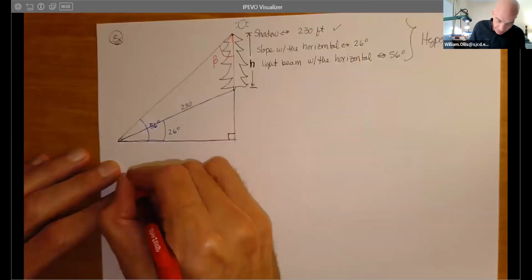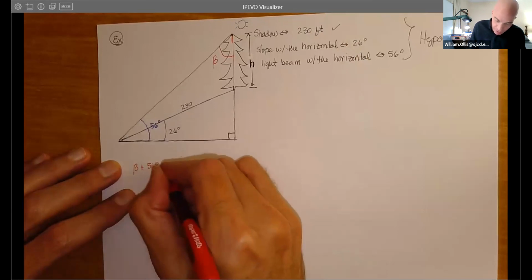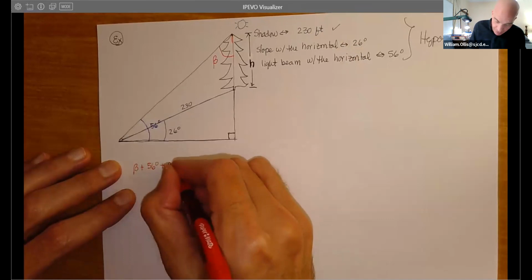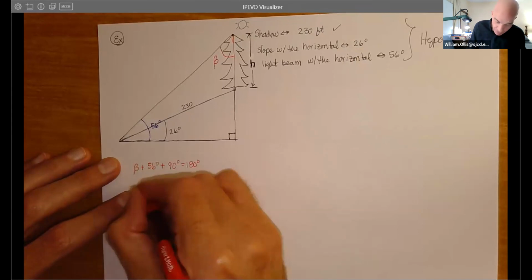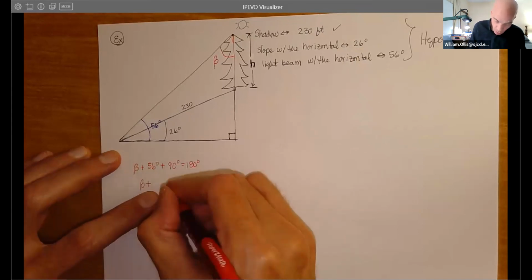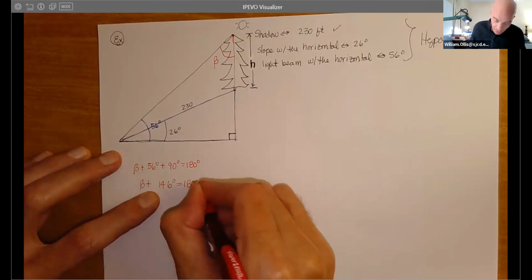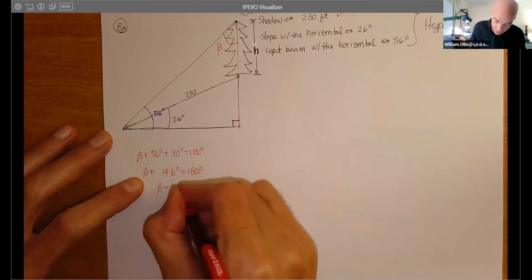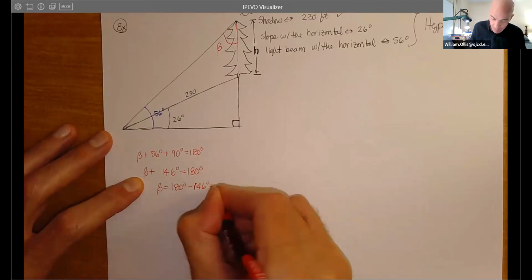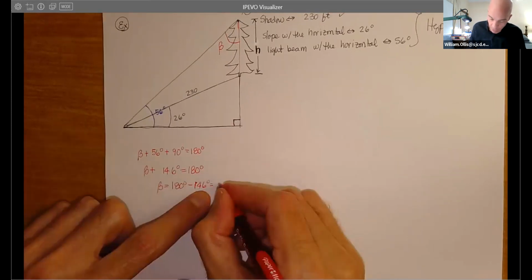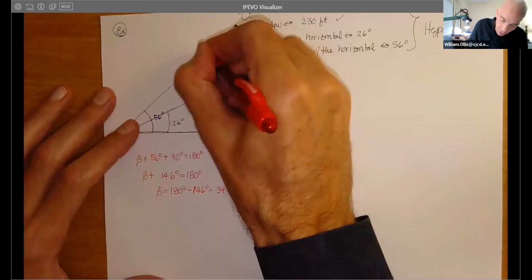So beta plus 56 degrees plus 90 degrees equals 180 by the interior sum. So beta plus 146 equals 180. So now beta will be 180 minus 146. So that's a 40 minus a 6, which is a 34. So beta is 34 degrees.